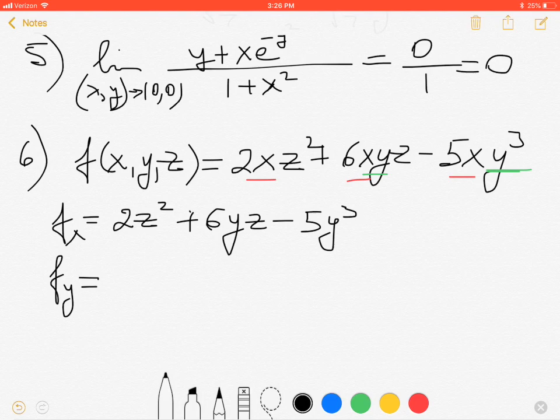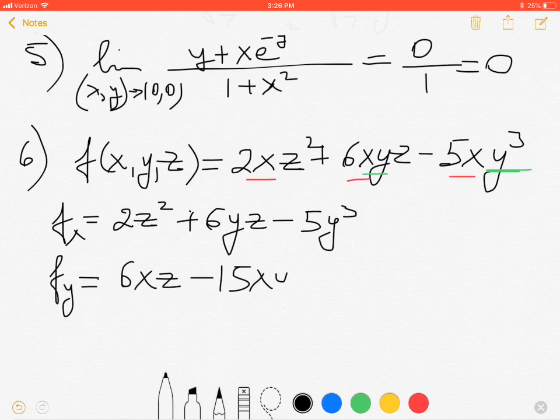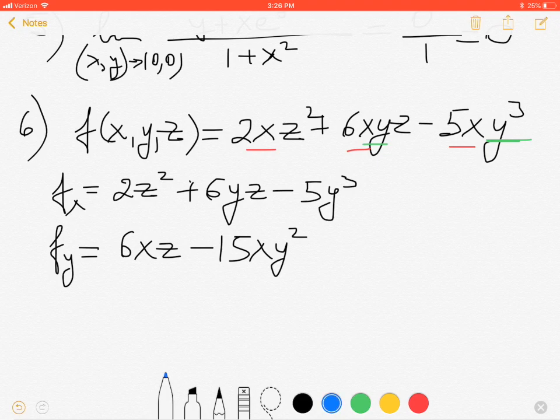For the second term it will be 6xz. And here y has power 3. This means minus 15xy squared. Okay.